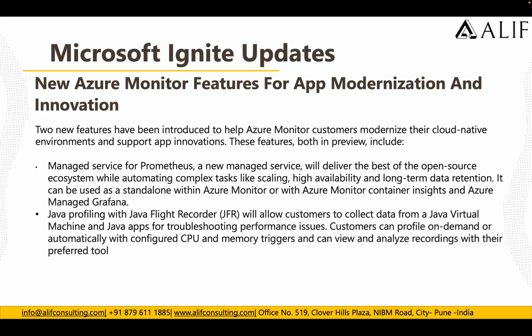It can be used standalone within Azure Monitor, or with Azure Monitor Container Insights and Azure Managed Grafana. So this is the first update. The second update is Java profiling with Java Flight Recorder, also known as JFR, which will allow customers to collect data from Java virtual machines and Java apps for troubleshooting performance issues.